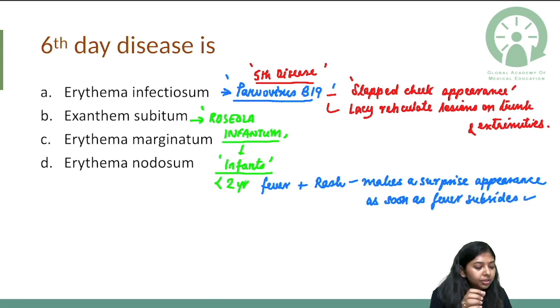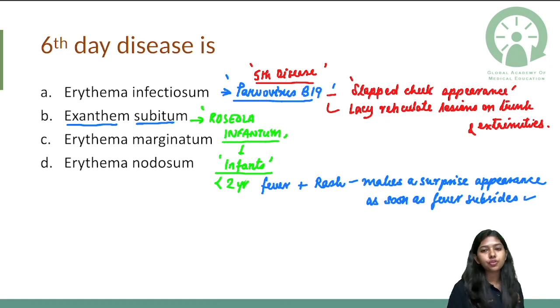Right? So it is called exanthem subitum, a surprise rash occurring after defervescence. And it's called sixth day disease. Again, it's a self-limiting condition. You do not need to treat it very actively.